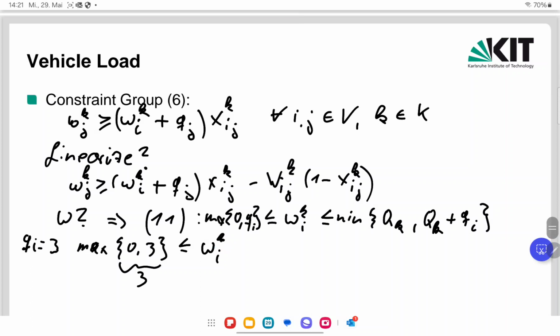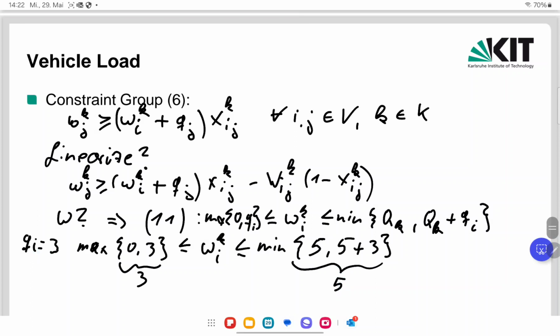Or, and this is the maximum load we can take within our vehicle, it's the minimum of, let's say the vehicle can carry not more than 5 patients. And here we have places for 5 patients, and then we should pick up 3 more. Of course, we take the minimum of it, which is 5. So if we are leaving node I, we can only have a load of patients between 3 and 5 patients. Not more. We cannot have more in our vehicle. Either 3 or up to 5 patients.